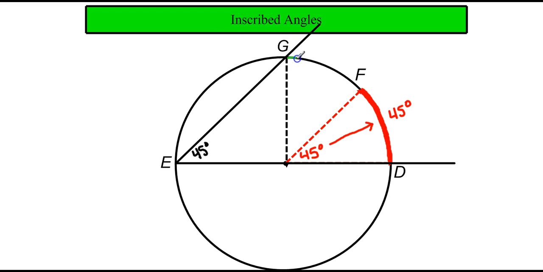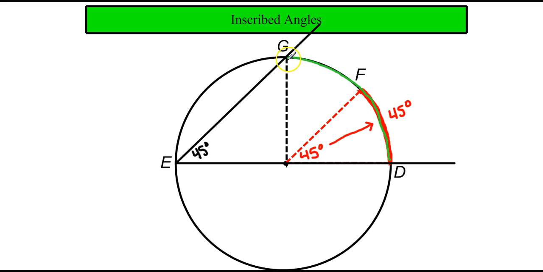So what happens is we create this interception of the arc, and the arc intercepted by this inscribed angle is now larger in comparison to the arc intercepted by a central angle of comparable degree. The point in all of this is that you look at the angle measure of the inscribed angle and the arc it projects to, and the arc is going to be bigger than if that were a central angle.